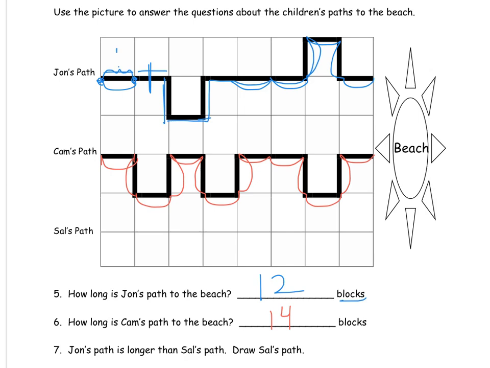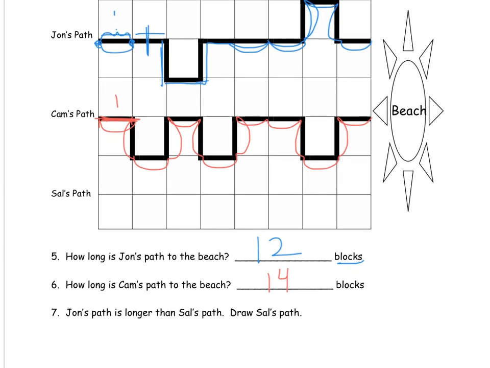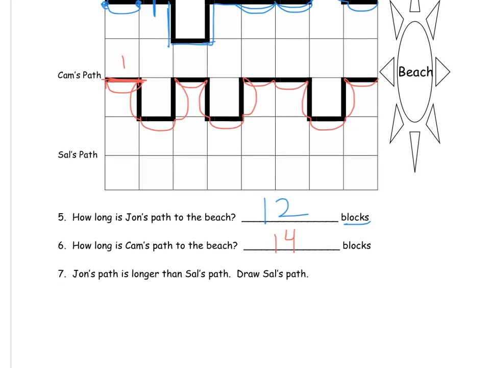And again, there's a number of strategies. Me doing jumps like that might not be the way that your teacher showed you. So any strategy will work for this as long as we're showing that this stretch right here is equivalent to 1. And we keep that consistent. So John's path to the beach is 12 blocks. Cam's path to the beach is 14 blocks.